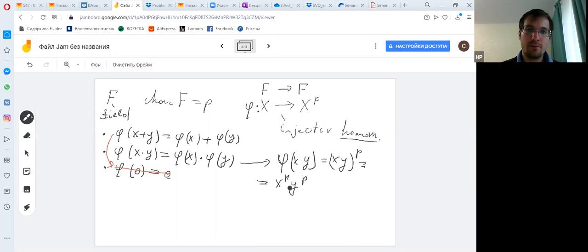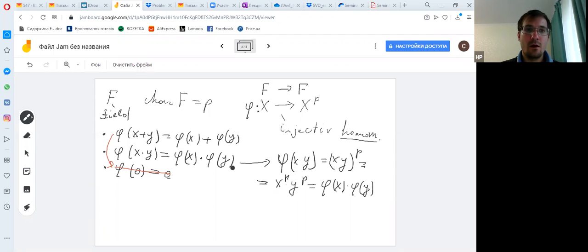Here I use the commutativity of multiplication, since a field is a commutative ring. And so this is phi from x multiplied by phi from y. We have checked the second law, and we have not used that p is the characteristic of F. This is correct for every p.